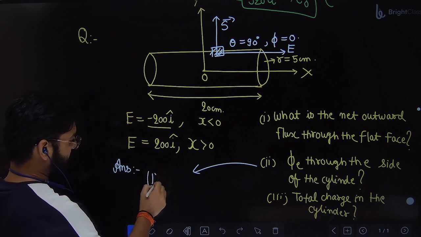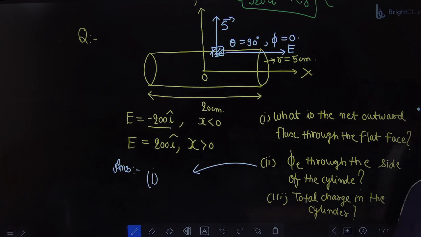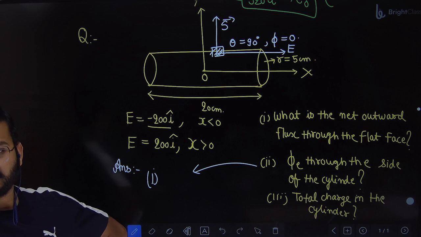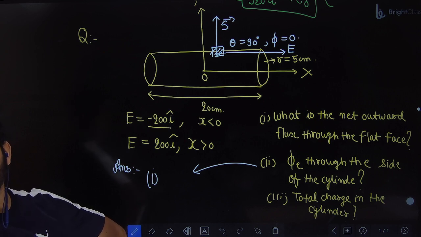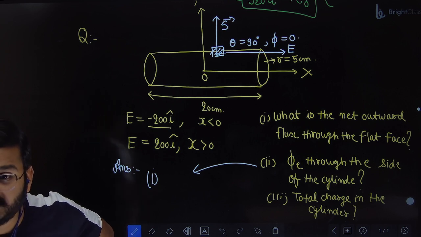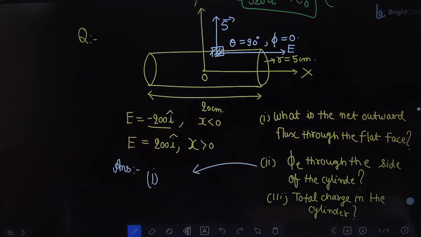Now, what is the answer for the first part? Anyone solved? No? Then Shubham, now you tell the value. What did you get? 10,000 pi. Substitute the value of pi and check.